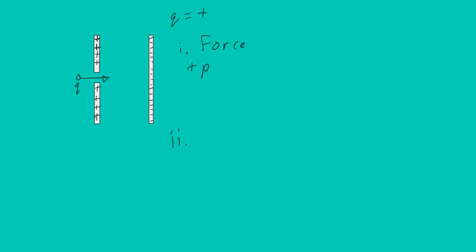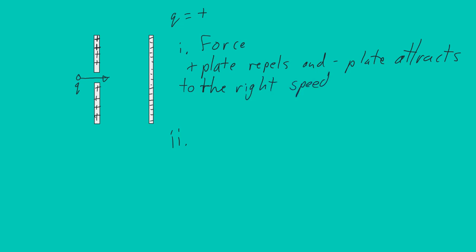Positive plate repels and negative plate attracts to the right, speeding up the charge, the positive charge. Okay, so it already has a velocity to the right, so it's going to get faster and faster to the right.